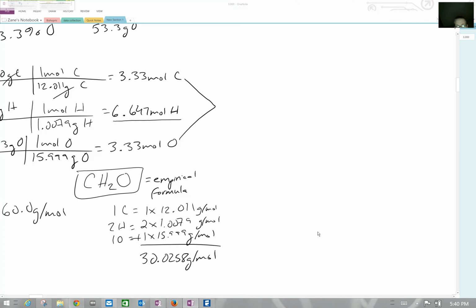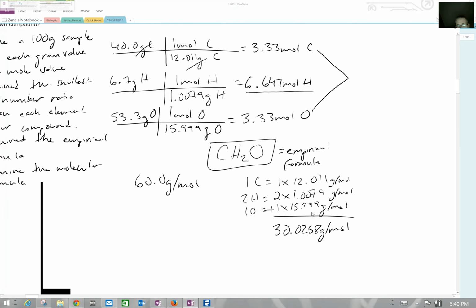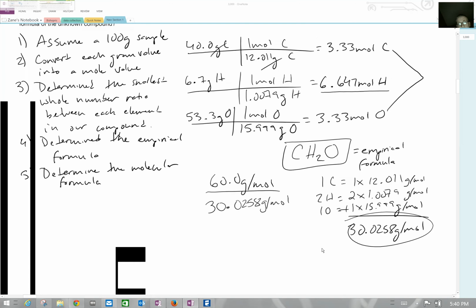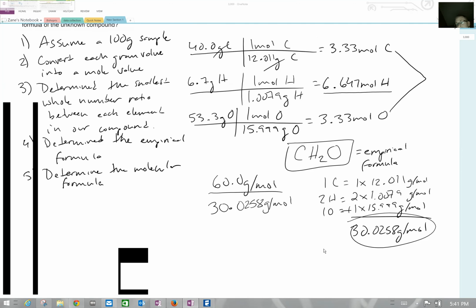Now notice that if we take this 30.0258 grams per mole and we divide it into our 60.0 grams per mole of our molecular formula, we're going to see how many times our empirical formula goes into our molecular formula. Okay? And it's not really hard to see what that multiple is going to be.